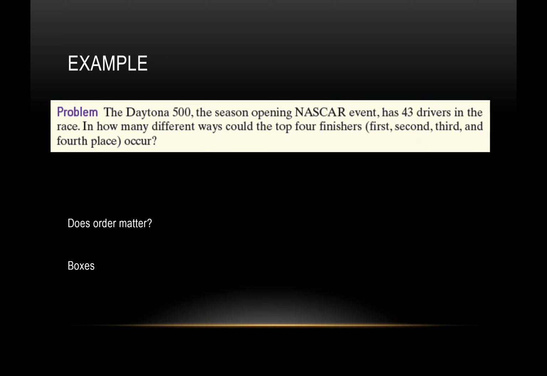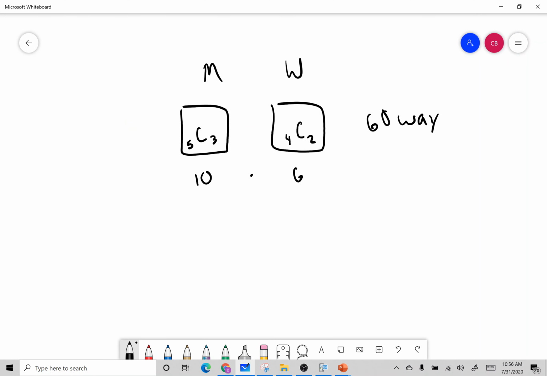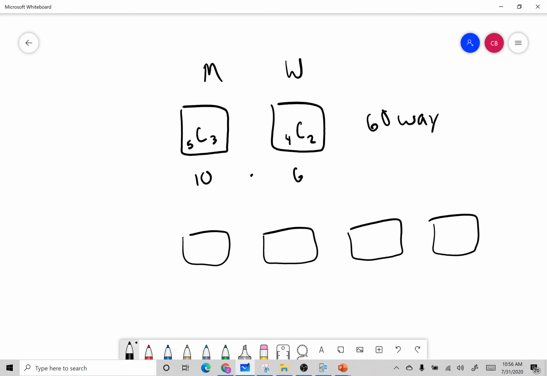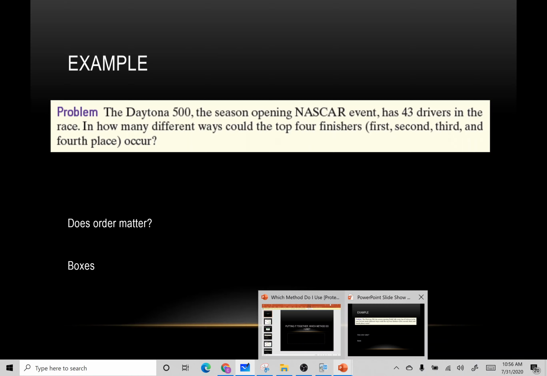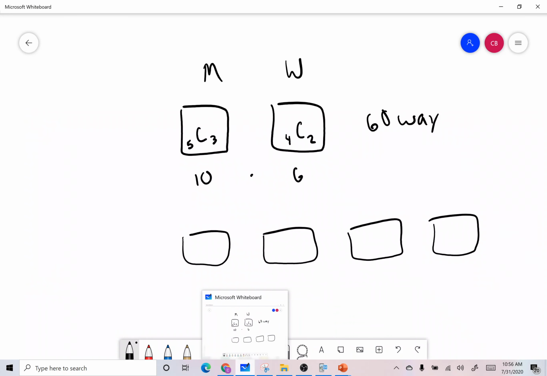The Daytona 500 has 43 drivers, and we want first, second, third, and fourth. Okay, so does order matter? Yes. So we're going to use boxes for this one. First, second, third, fourth, and it said there were how many drivers? There are 43. So 43 first places, 42 second, 41, and 40.